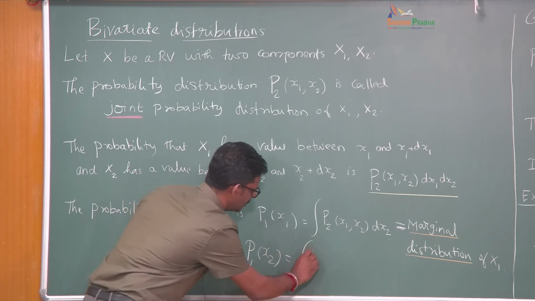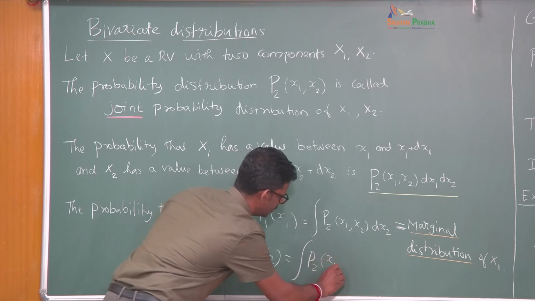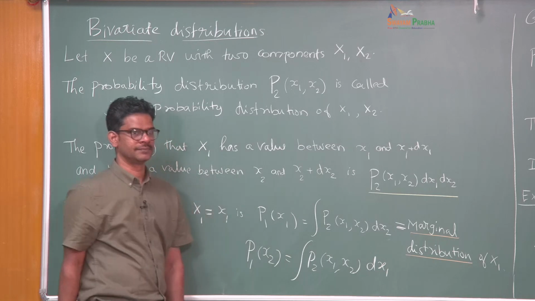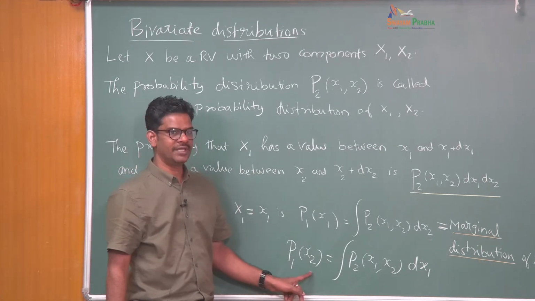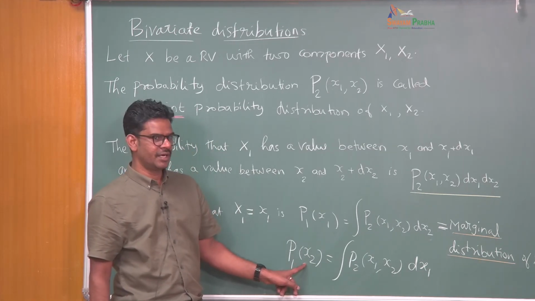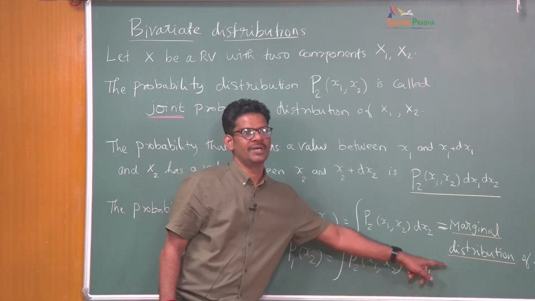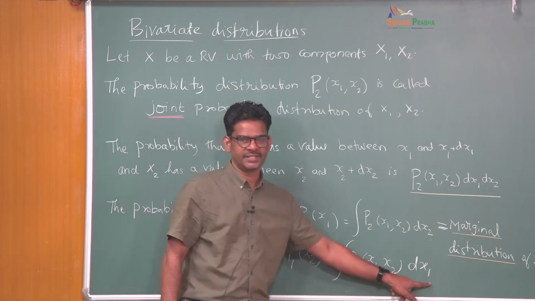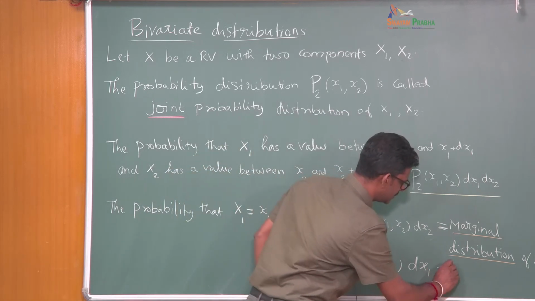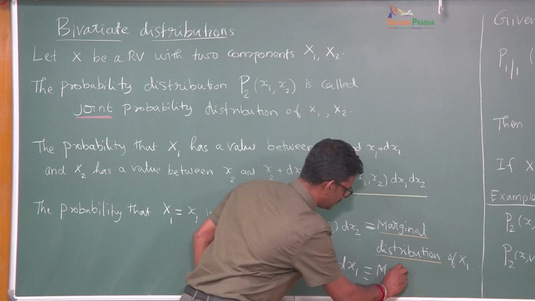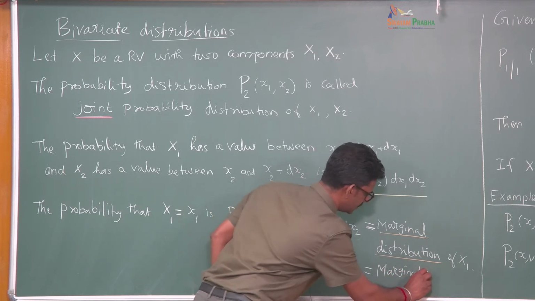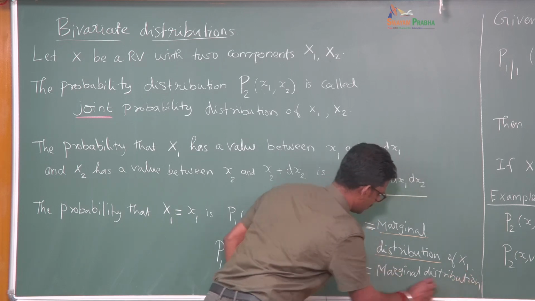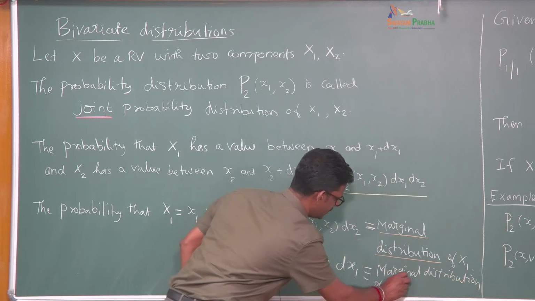In this case you will be integrating out all the x1 values. So you are interested only in the marginal distribution of x2 regardless of the values of x1, and you get it by integrating the joint distribution function over all possible values of x1. We call this the marginal distribution of random variable x2.